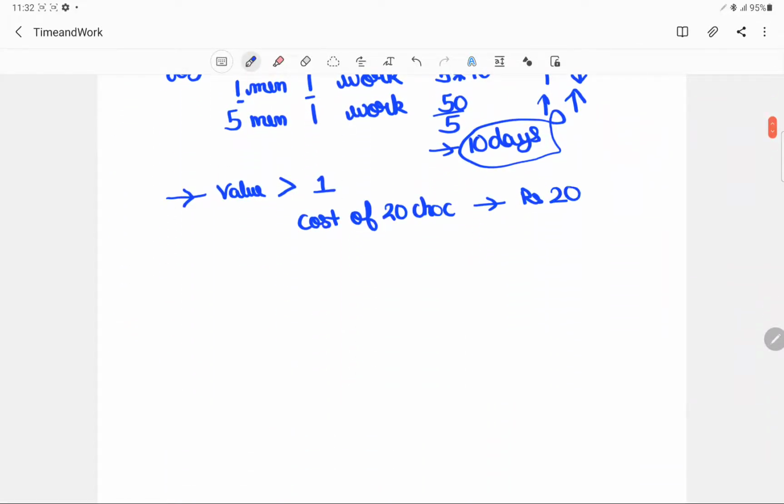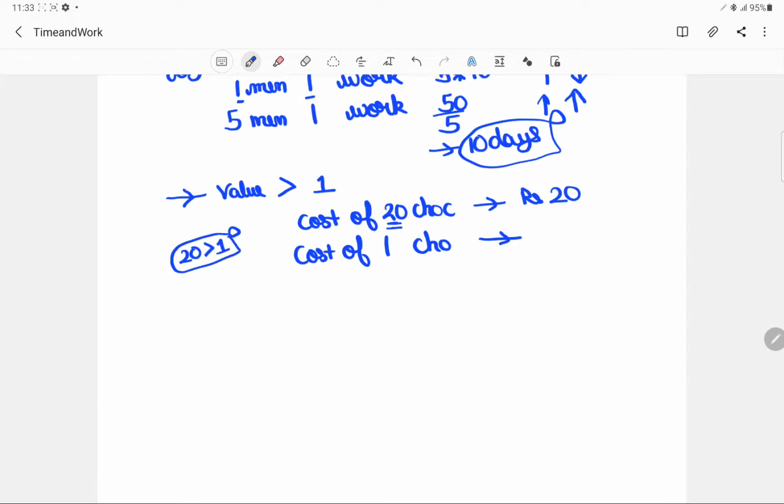So cost of 20 chocolates is rupees 20. Now what we are expected to find, the cost of one chocolate. Now since this value of 20 chocolates, so see this, 20 is greater than 1.